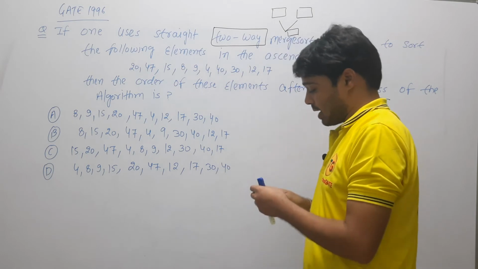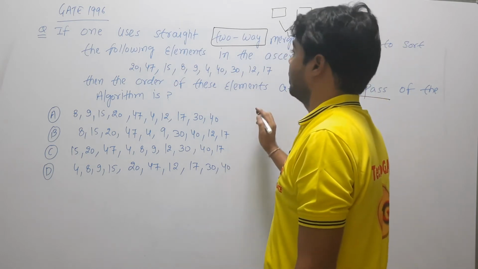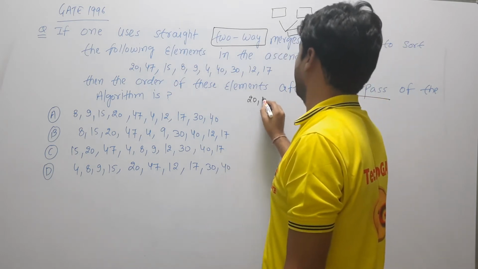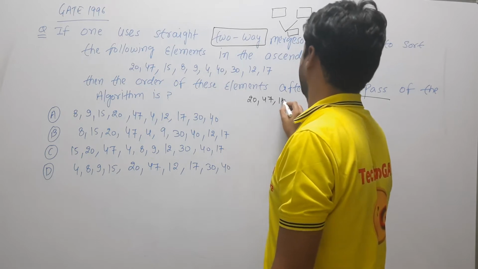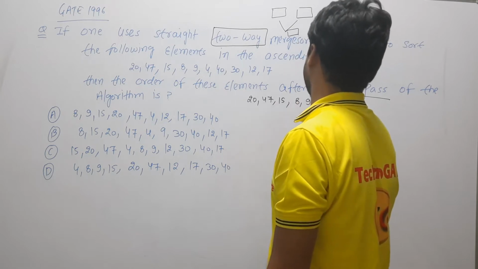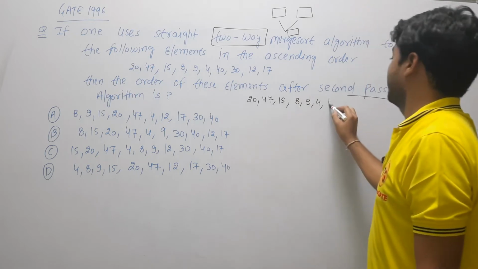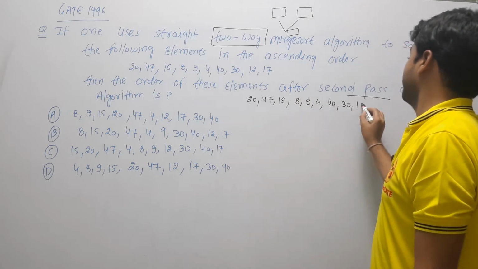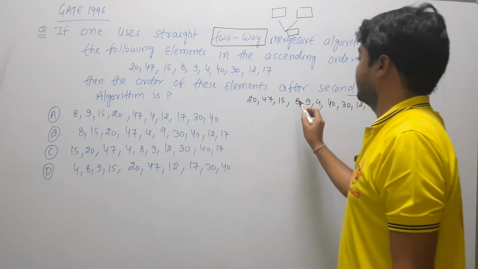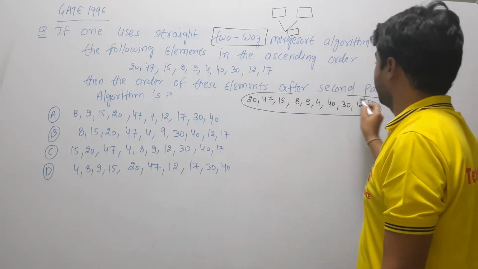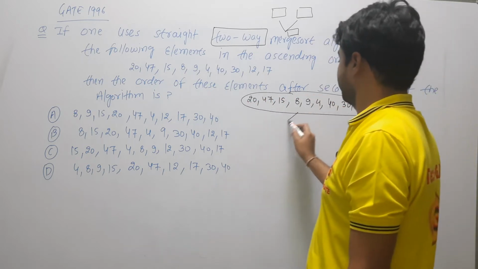So it works like this: 20, 47, 15, 8, 9, 4, 40, 30, 12 and 17. Okay, these are the elements. So divide this one.